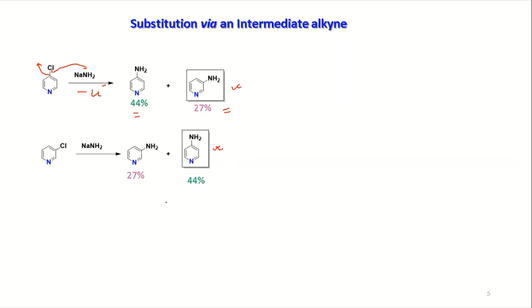And the same thing is happening if you start the reaction from beta-chloropyridine. In this case also it is the para position which is giving the major yield, forming as the major product, and the meta is the minor one. But both cases have considerable product formation.